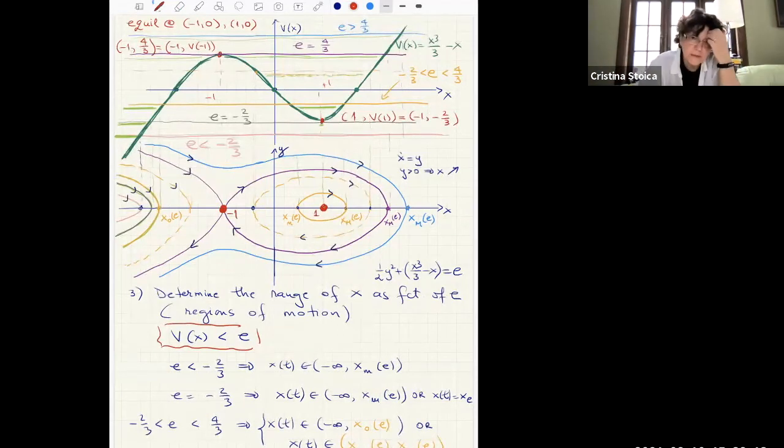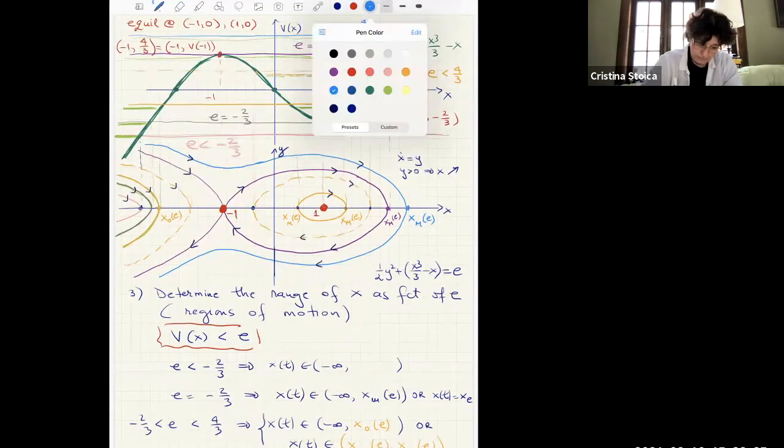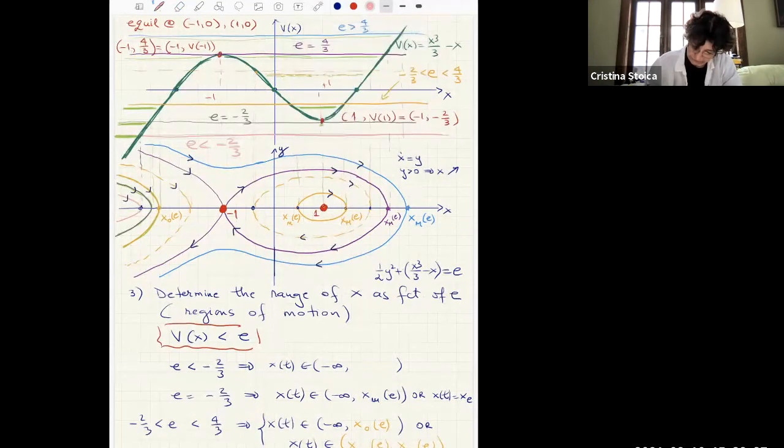Okay, and it keeps going. Let me be consistent then. Let's do the color. So this should be with pinky. And that would be an x max, because it's a max.